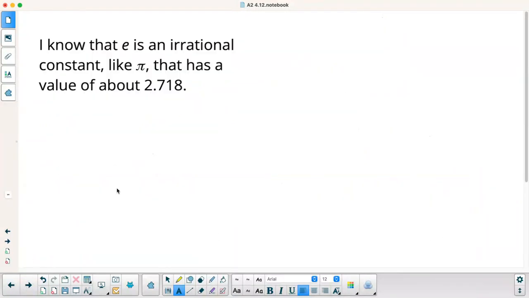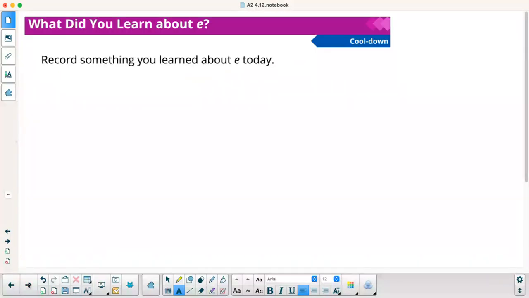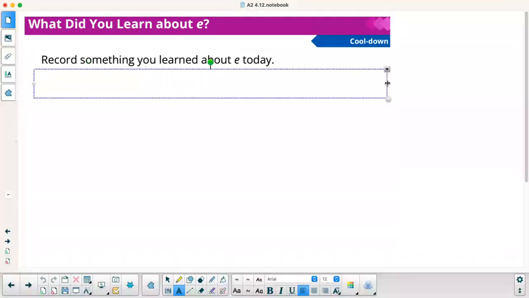All right, so goal, I know that E is an irrational constant like pi that has a value of about 2.718. Record something you learned about E. So I would say E is approximately 2.718. E is an irrational number.